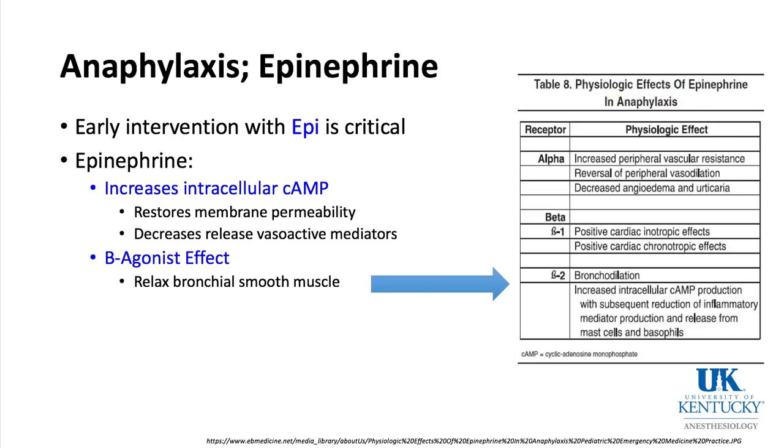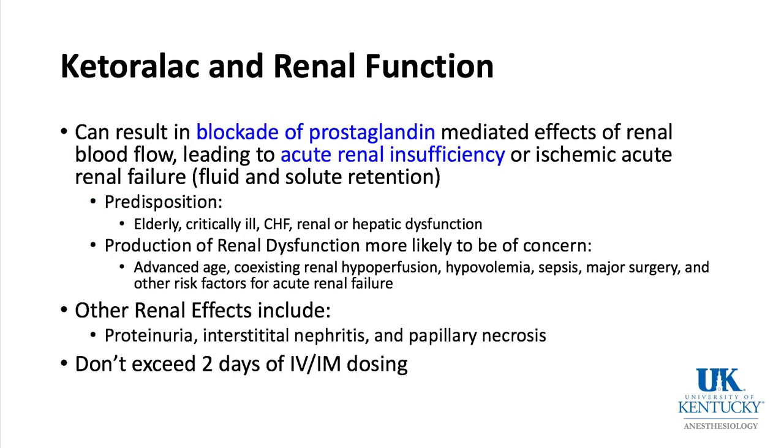So it restores membrane permeability and decreases the release of those vasoactive mediators. So it not only is treating the problems of anaphylaxis, but is stopping the release of the mediators that are causing anaphylaxis. So give epinephrine early is the take-home message.